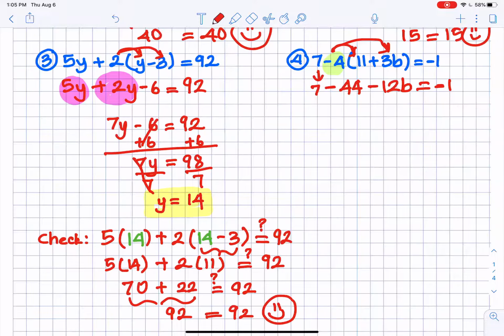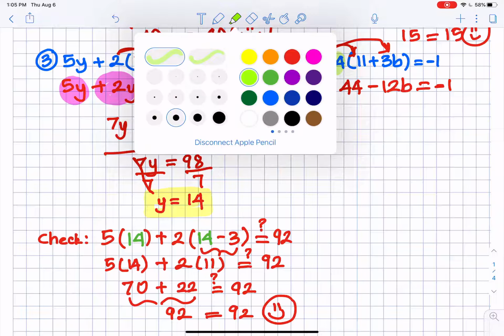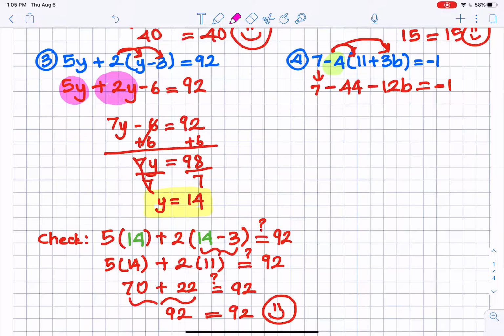And then I am going to combine like terms again. We have 7 and we have negative 44. Not 44, negative 44. So if you have two numbers with different signs, when you add them, you will subtract them, right?